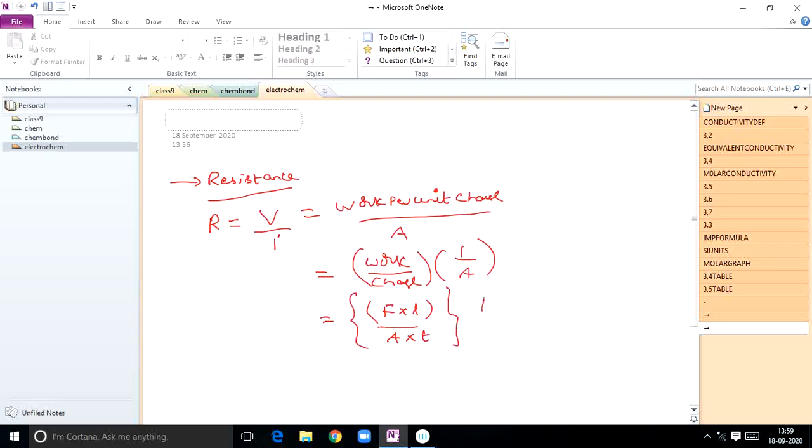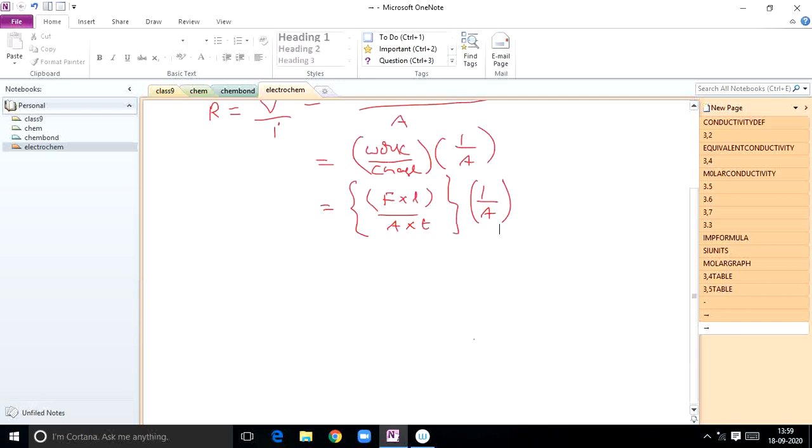Now 1 by A into 1 by A. So next, force can be written using Newton's second law: M into A, mass into acceleration, into length by A square T. So that is mass kg, acceleration meter per second square, into kg meter per second square, and for length you can take it as meter, by A square.